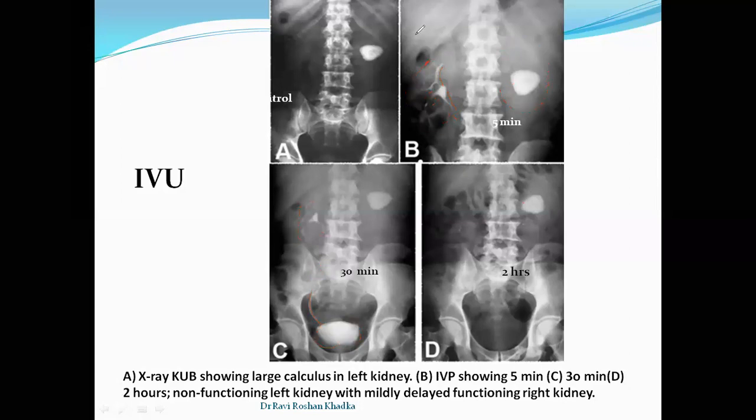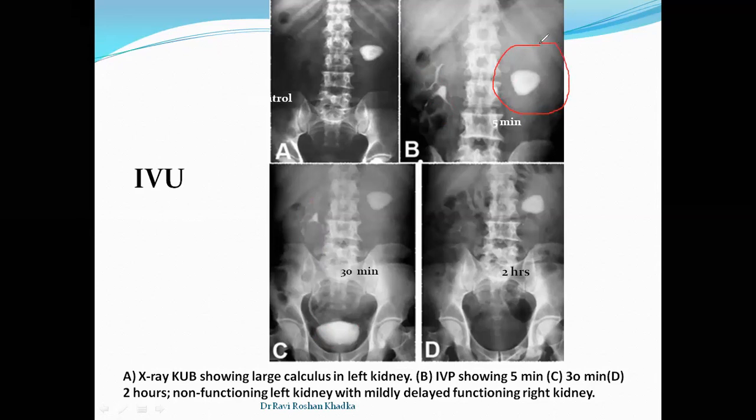Whenever there is a non-excreting kidney on the left side with stone, this might be due to the stone causing obstruction. Obstruction may lead to hydronephrosis, which may lead to damage of the kidney, and that's why the kidney is not functioning. In this scenario, we further do a DTPA renogram to identify the function of this kidney.